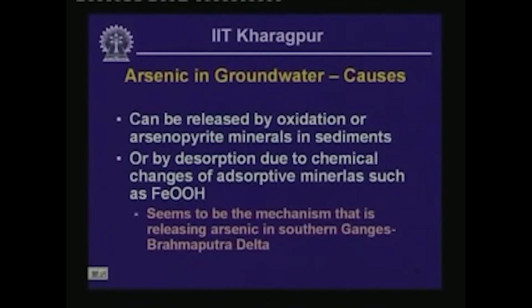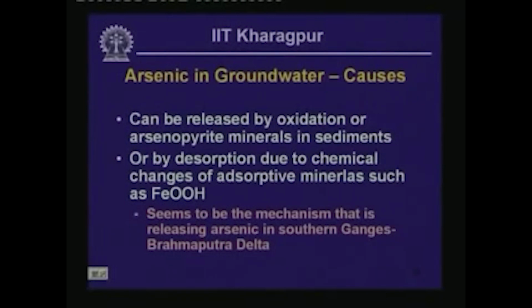Now arsenic in groundwater could be released by oxidation of arsenopyrite mineral or by desorption due to chemical changes of naturally occurring adsorptive minerals within the sediment, such as FeOH.